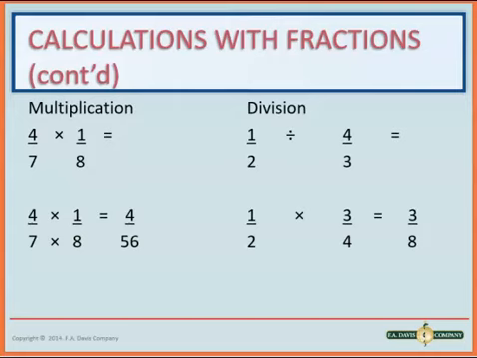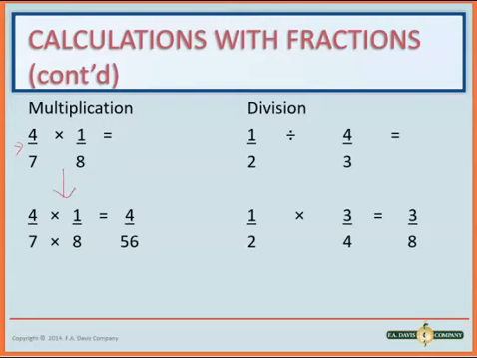Okay, let's look at some more calculations with fractions. Let's look at an example of multiplication. With multiplication, you don't have to worry about getting your denominators the same as with addition and subtraction. So let's look at this first example here, and we're going to actually work it out down here.